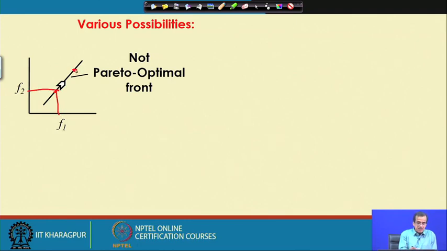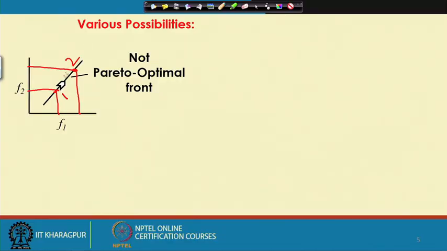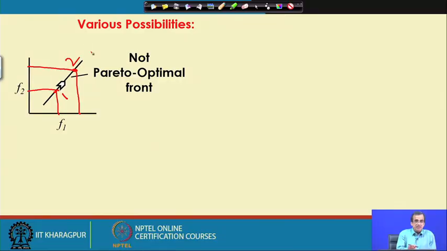If I take a second point here, this is my f1 and this is f2. Now, from point 1 to point 2, both f1 and f2 are increasing. So, there is no fighting between f1 and f2. By definition, this is not a valid Pareto optimal front of solution.